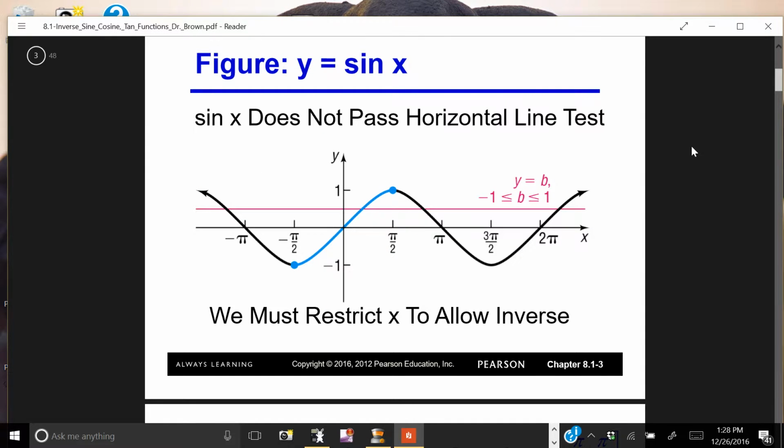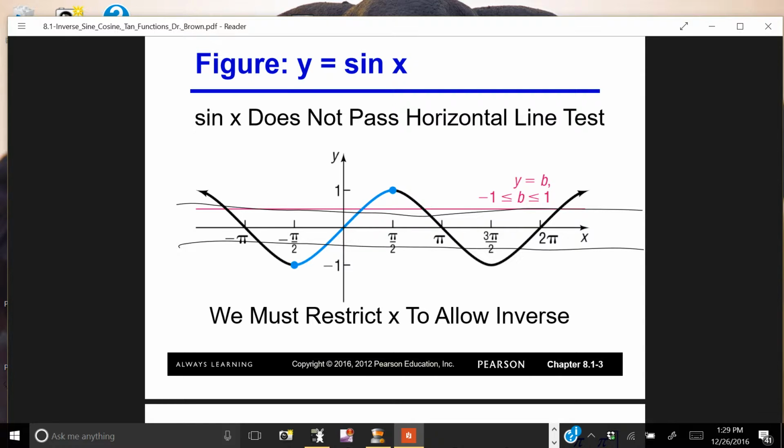Now, I want to remind you that in order for a function f of x to have an inverse, it must pass the horizontal line test. And if you look at the function y equals f of x here, the sine function, notice that if you draw a horizontal line through the function, it intersects the function in several places.